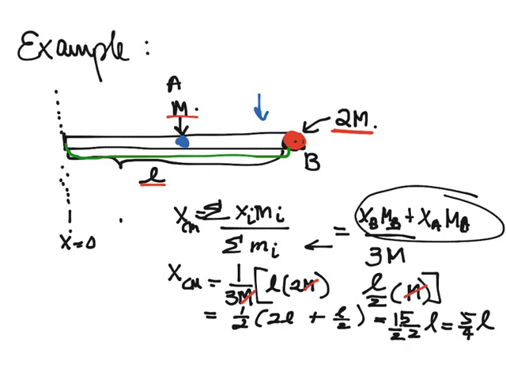I took this 3 and I somehow made it into a 2. So we have 1 over 3, and I actually don't have 5/4, I have 5/6.